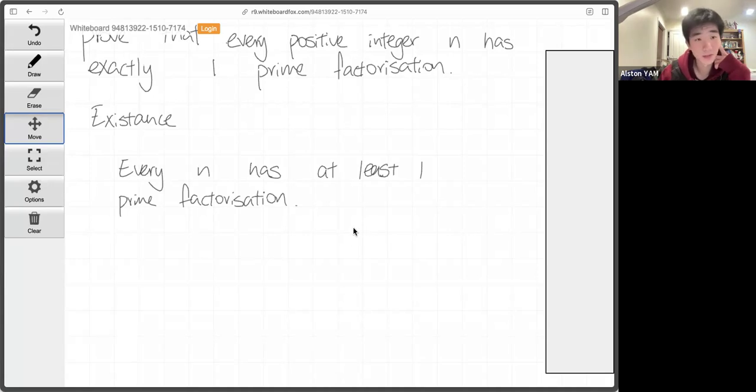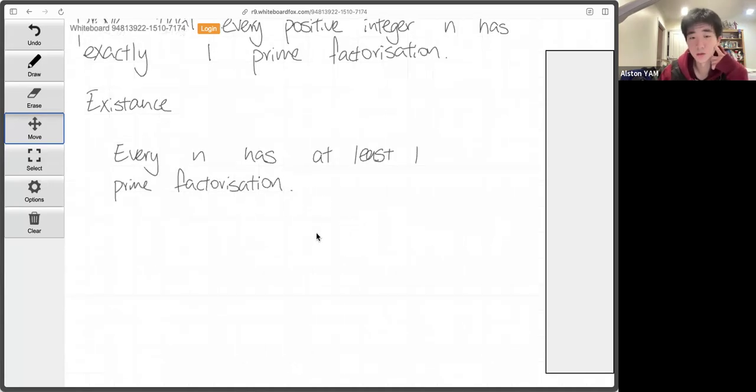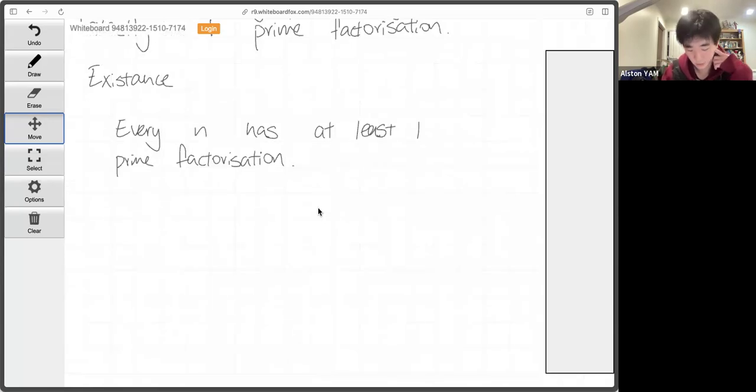And how we are going to do that is we will use a technique called strong induction.